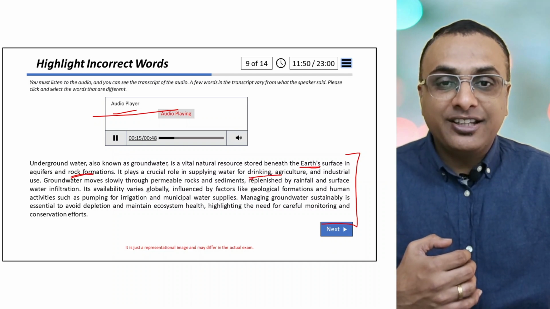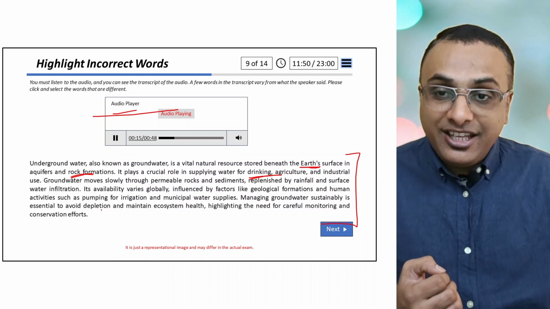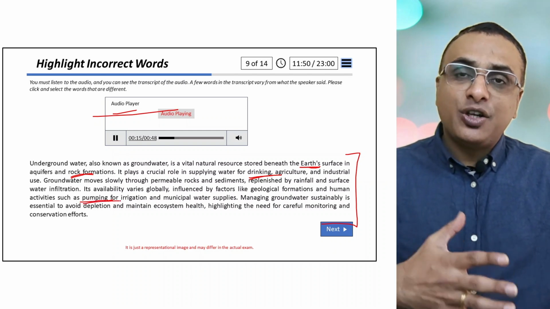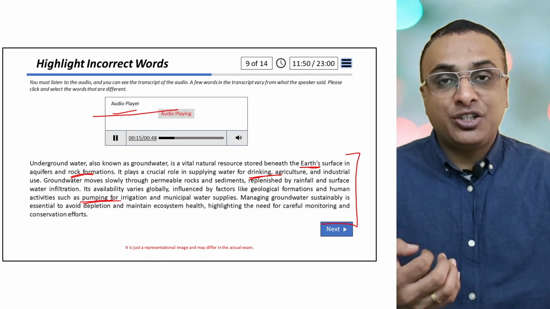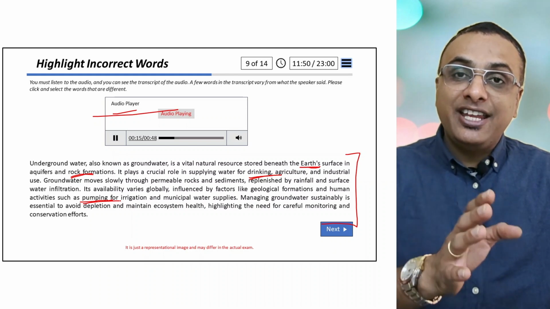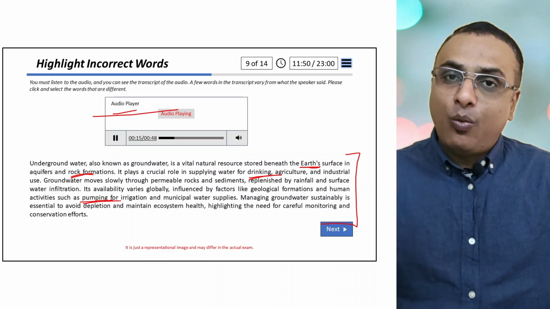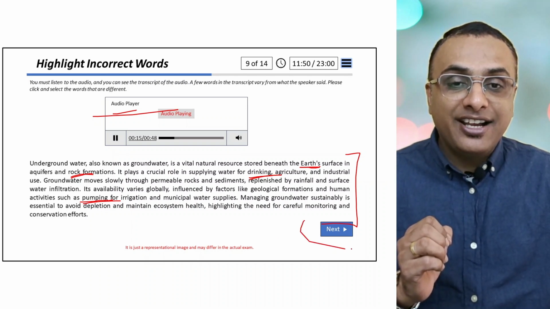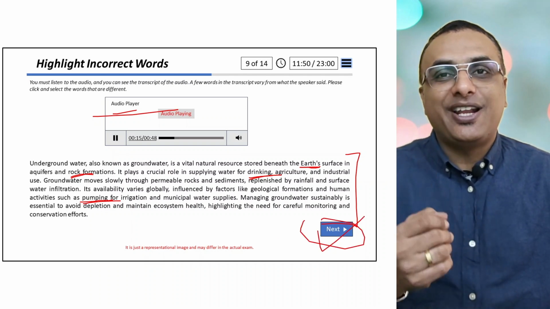Or instead of drinking, they may say climbing. Instead of pumping, they may say dumping. 4 to 5 such words will differ from the actual audio. You need to identify those words that are incorrect and select them. Once you complete selecting all the words, go ahead and click next for the next question type in your exam.